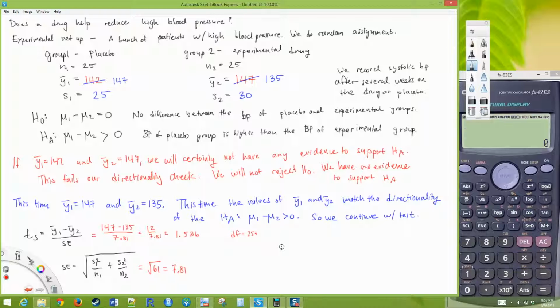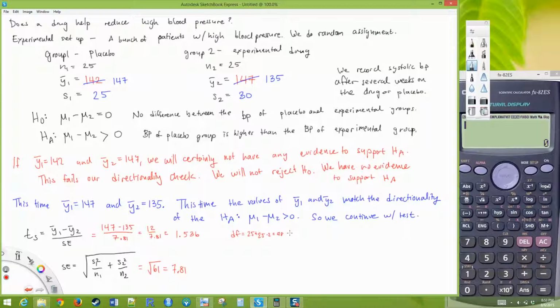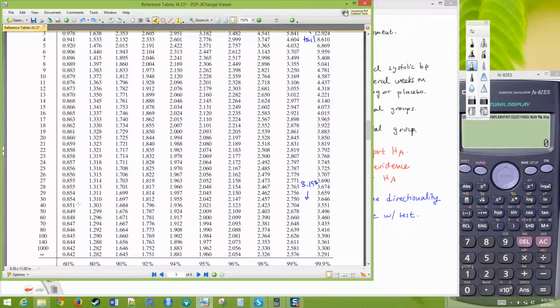Okay, so 25 plus 25 minus 2, 48 degrees of freedom. Again, I go to my table and I'm going to look at 40 degrees of freedom, because we always round down. So I'm going to look up 1.536, 40 degrees of freedom.